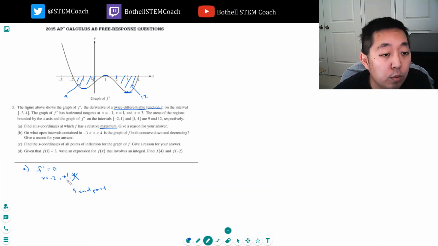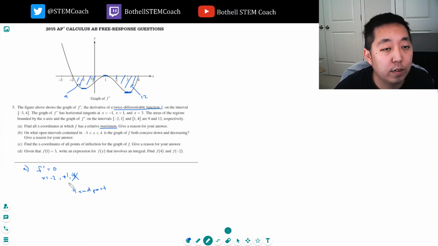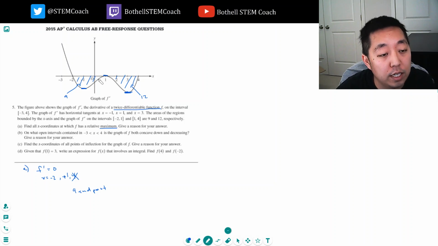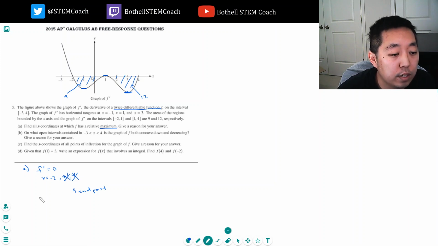Okay, so at +1, see how f prime before is negative and after is negative? If I do the first derivative test, it's negative to the left of 1 and negative to the right of 1. So the slope, while it goes to 0, stays negative to the left and right of 1. So it's not that one. And then -2 is the only one. The slope is negative, then positive because it's above the x-axis, and then negative.